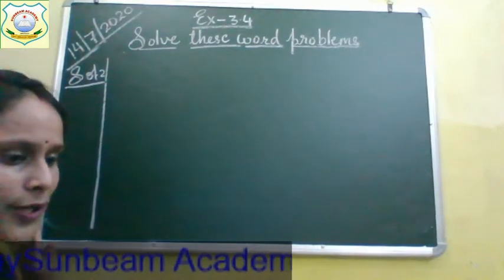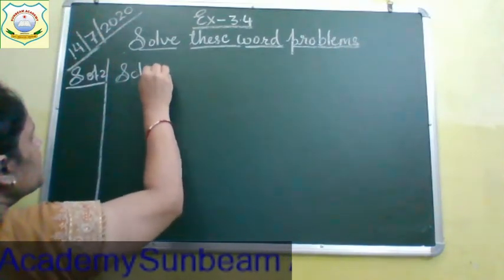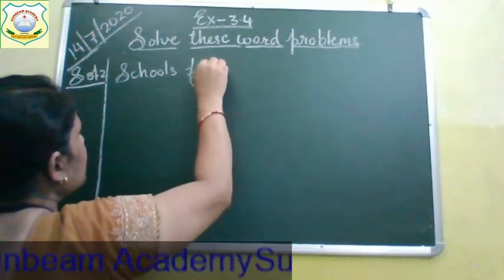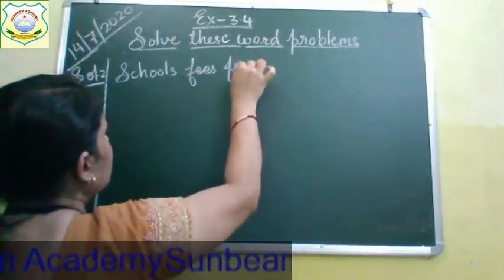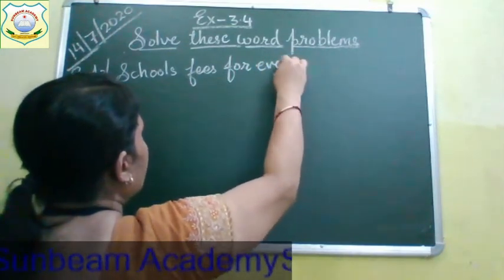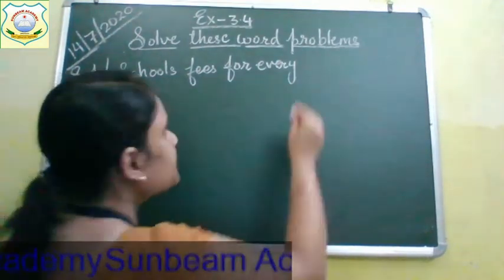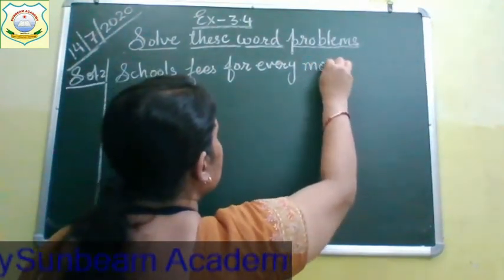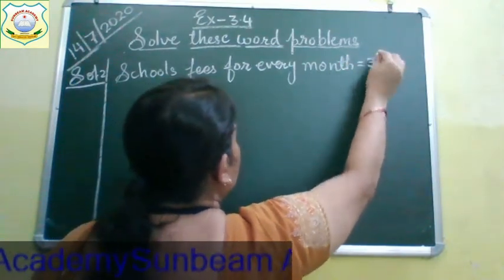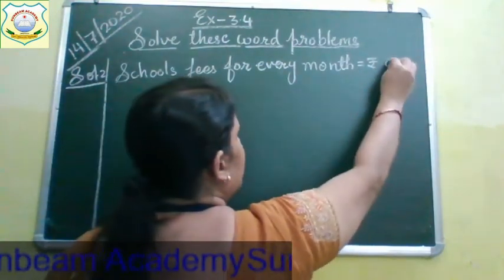Now you will write solution to school fees for every month is equal to rupees 997.